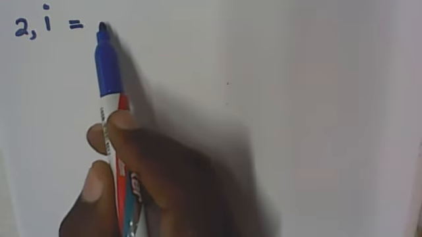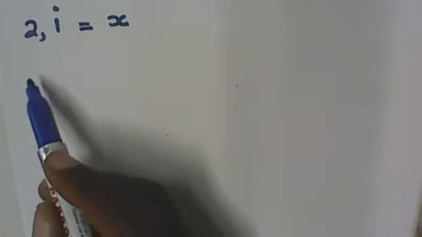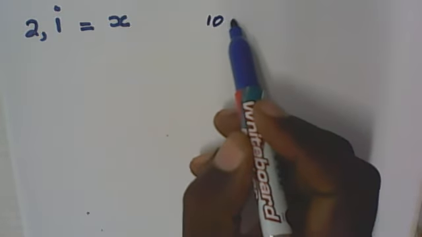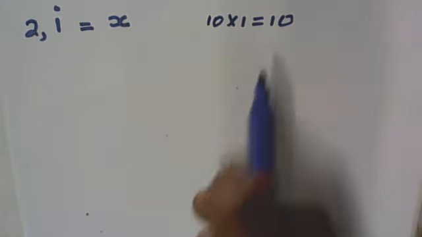We let this be equal to x. That is step number 1. Now, step number 2, how many digits recur? It's 1. Therefore, we take 10 to the power of the number of recurring digits, and that gives us 10.